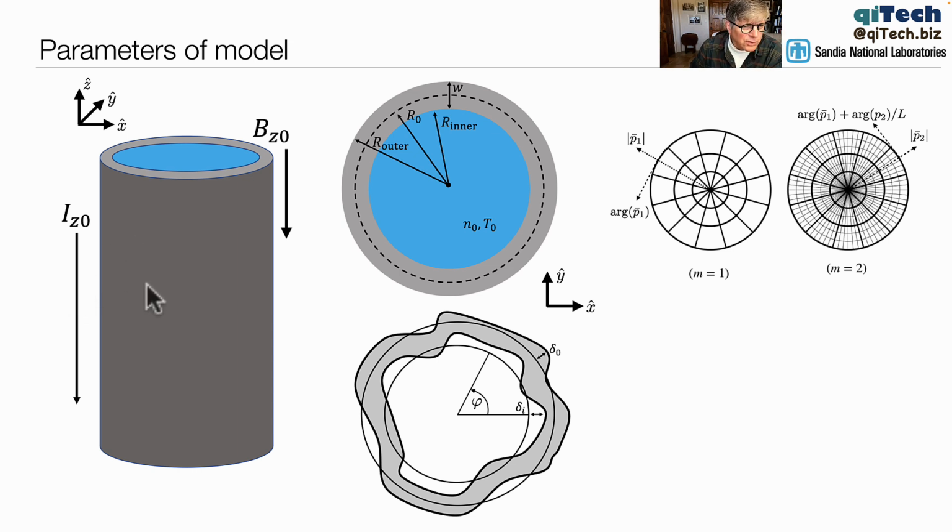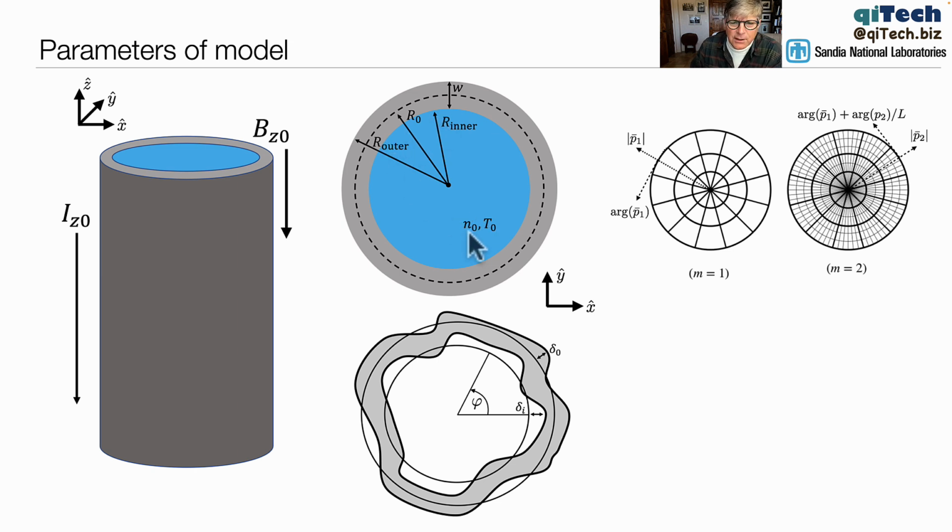This current causes a large external azimuthal field, which compresses the liner and the gas, more importantly, the gas inside. The liner is of width small w, average radius r0, inner radius r inner, and outer radius r outer.